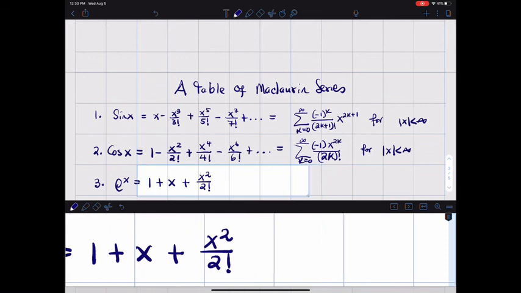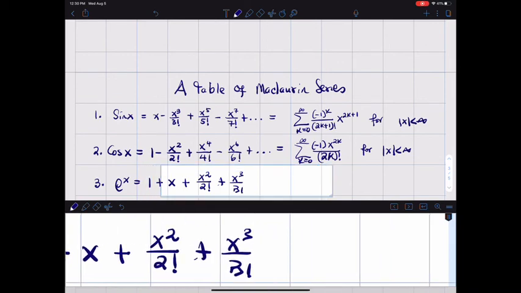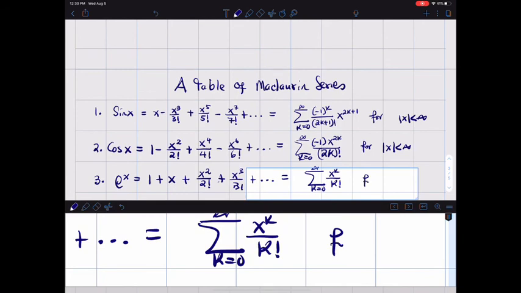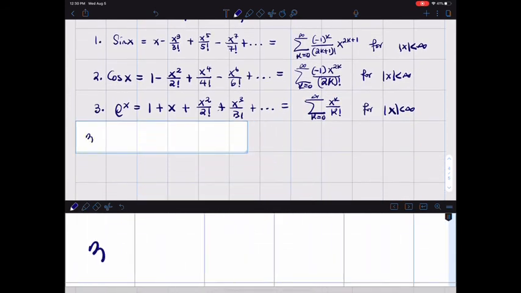Remember, we got 1 plus x plus x squared over 2 factorial plus x to the power of 3 over 3 factorial, and then we kept going, and we can represent this as the summation k from 0 to infinity of x to the power of k over k factorial, and this is valid for x between negative infinity and infinity. Okay, all right.